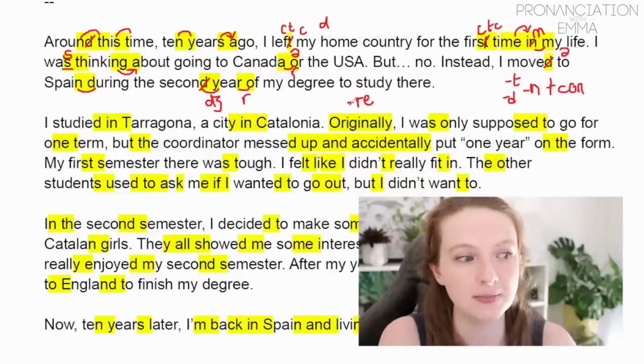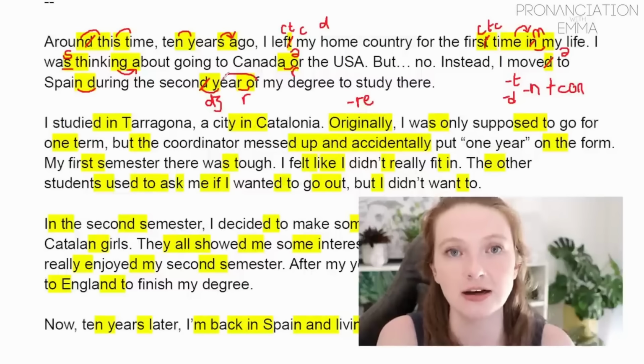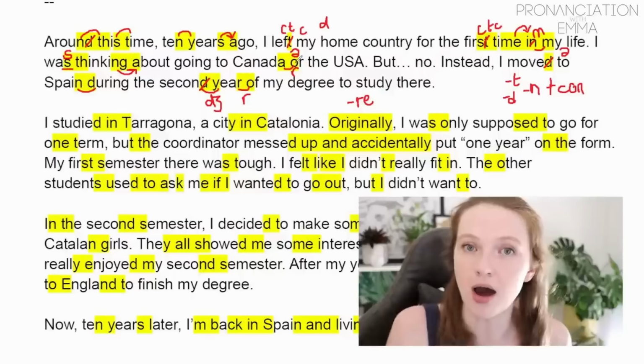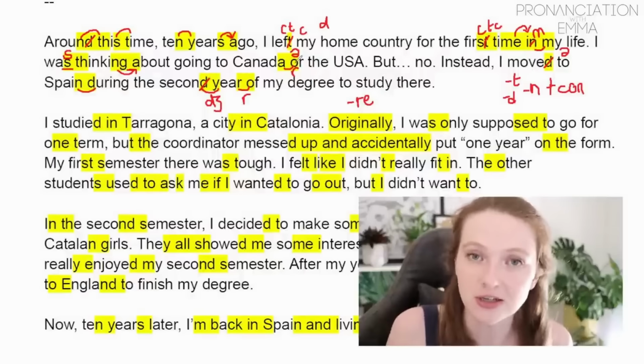This would be included in the linking R rule, all right? But it's intrusive if there is no R in the spelling. So Canada isn't spelt with an R, so it is considered intrusive. Okay, just a very quick recap of intrusive and linking in case you're curious what the difference is. They're pronounced the same, but they just have different names because one has the spelling and one doesn't.